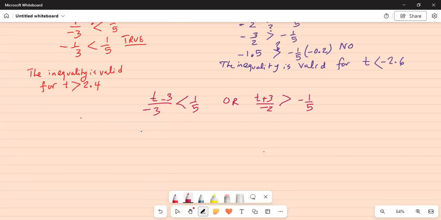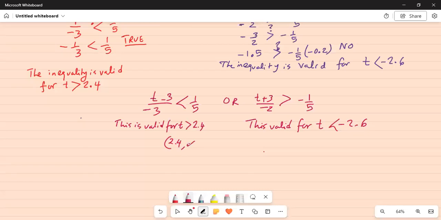So this inequality is valid for t greater than 2.4, and this is valid for t less than minus 2.6. So for this, you can write 2.4 open bracket comma infinity, or for this one you can write minus infinity to minus 2.6.